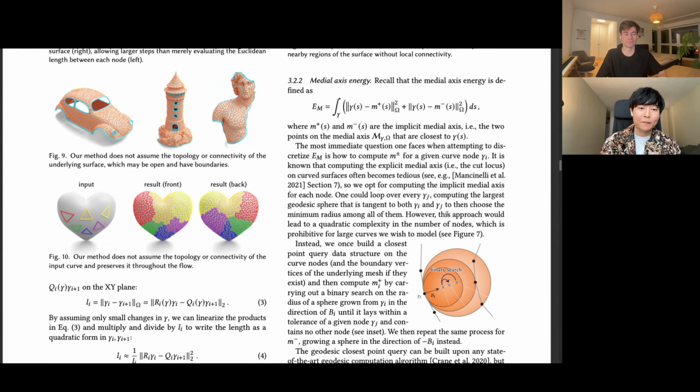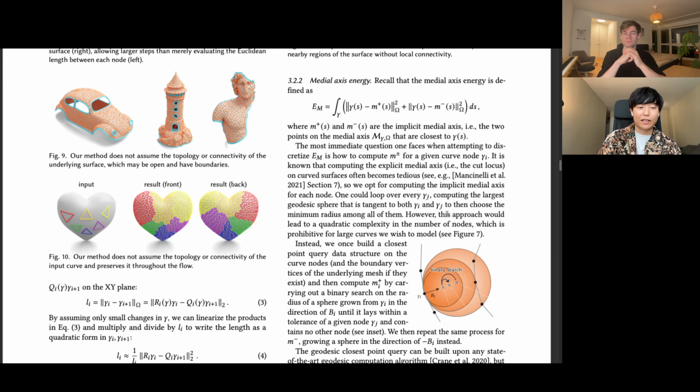Basically, what we do is compute the medial axis positions per node, and then, given those two medial axis positions for one direction and the other, we add the quadratic version of the length between the node and the medial axis, and then add it for the two medial axes.